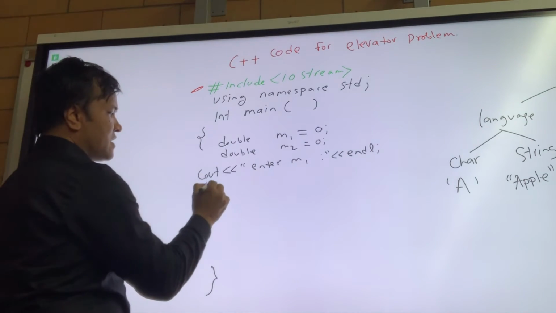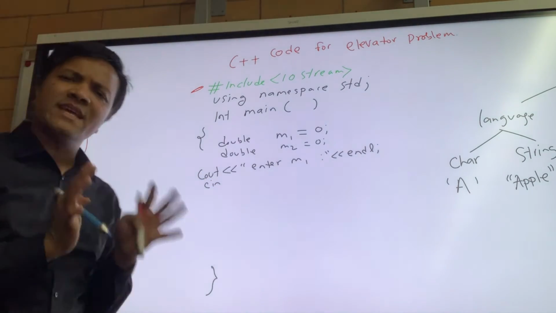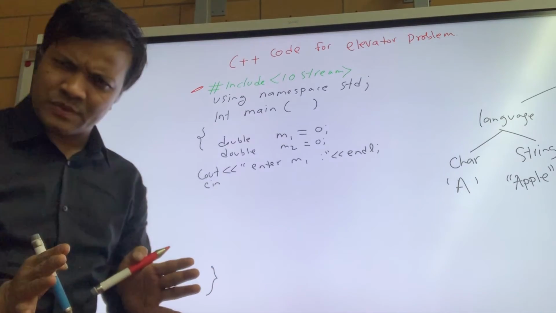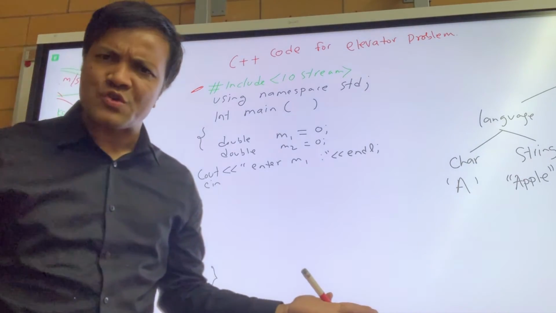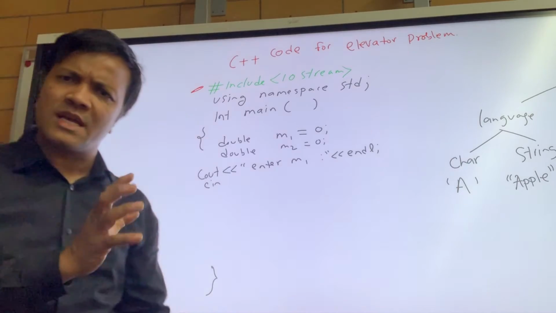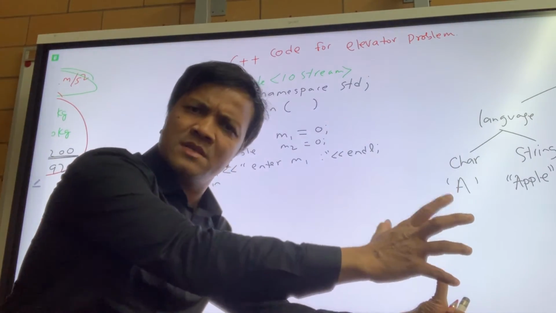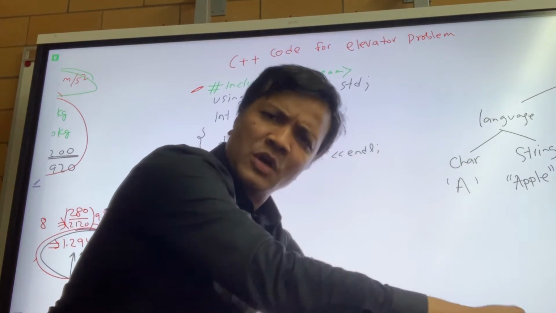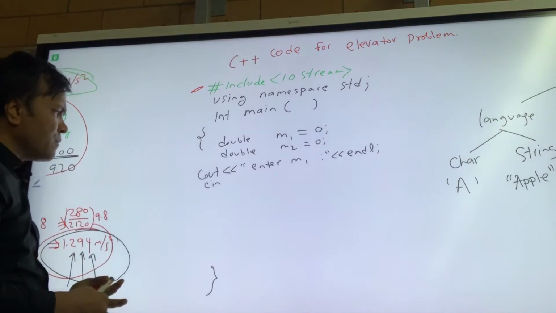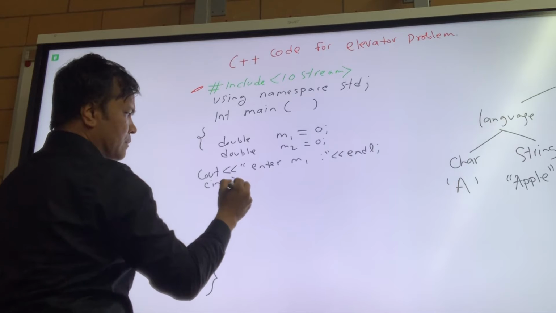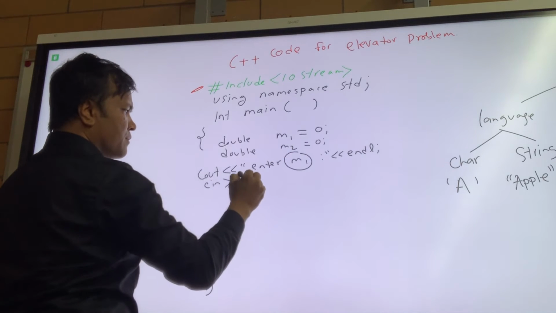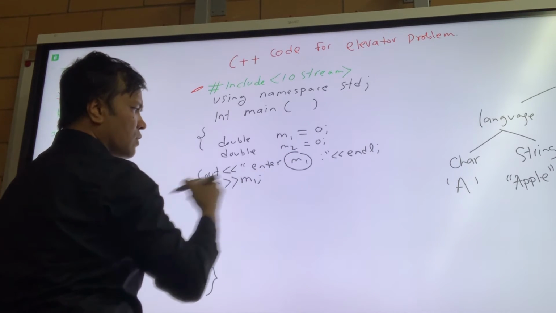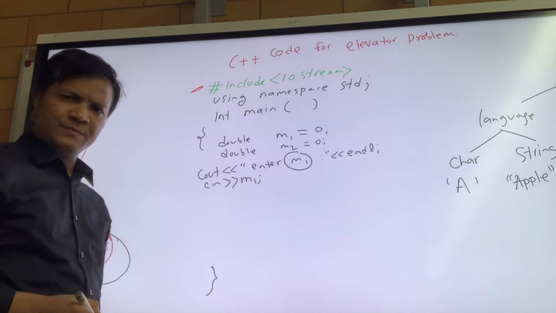Then you're going to write cin, because you want to give the computer an input. But the computer wouldn't know that you gave input. You have to tell the computer to take the input from the console. So you're going to write cin, and then M1 and semicolon. All right, so far so good.